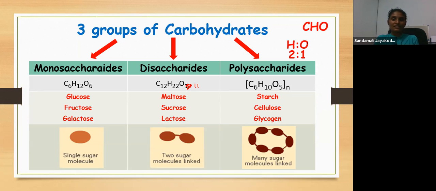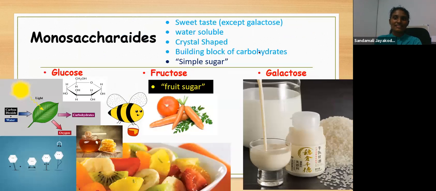Many molecules are connected together, like in this image. In carbohydrates, as you can see here, the hydrogen to oxygen ratio is 2 to 1. You can see 12 and 6, the ratio gives 2 to 1. Then we are going to discuss these things in detail.